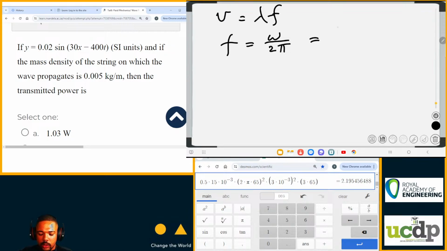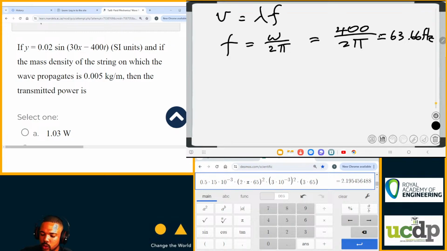So that is 400 radians divided by 2 pi, which gives me 200 over pi, or just 63.66 hertz. That's the frequency.